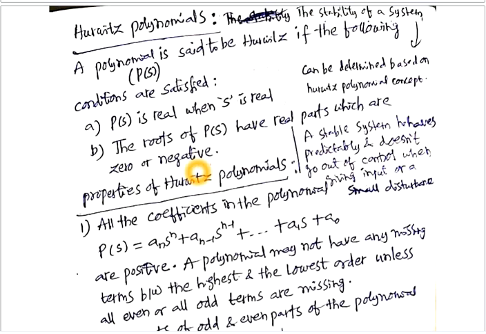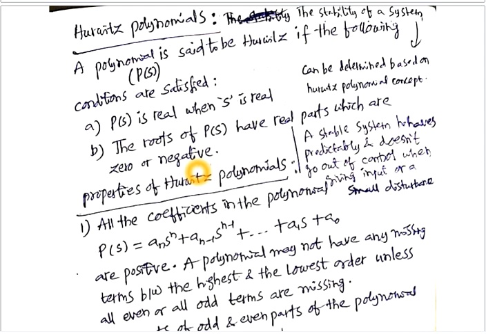Okay, these two conditions are there, but how do we check them? We cannot always substitute all the real values of s and get p of s as real, right? It is not possible. So without even determining the roots of p of s, how do we know whether p of s is Hurwitz or not?